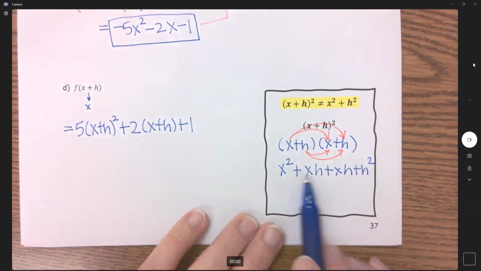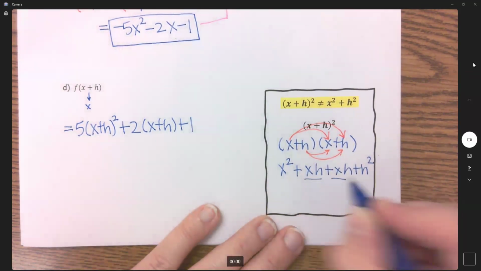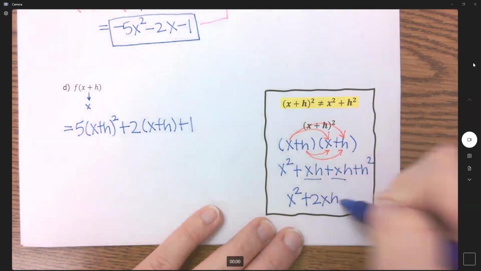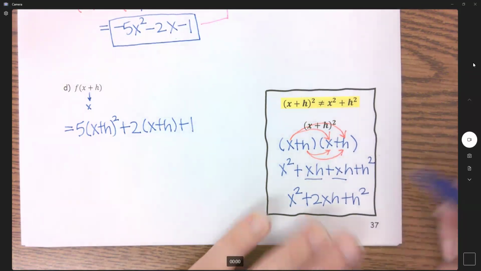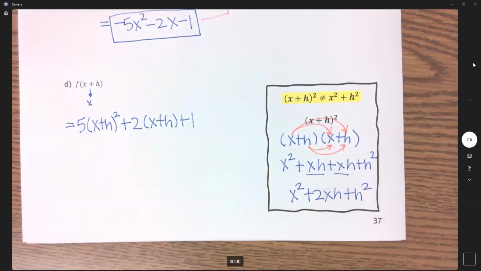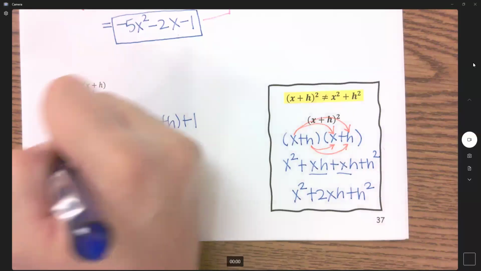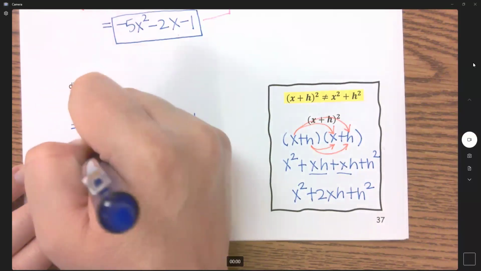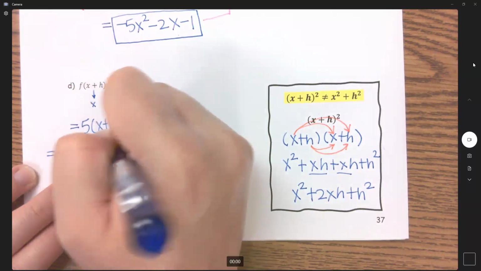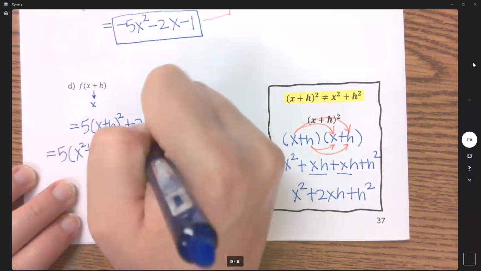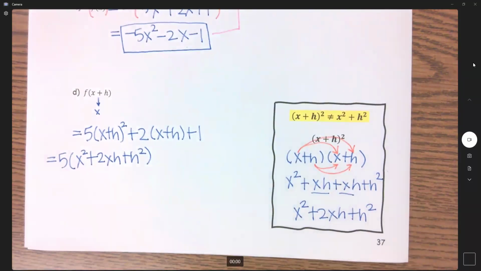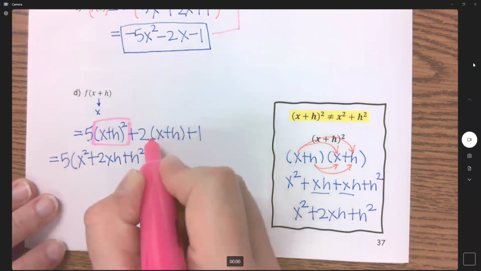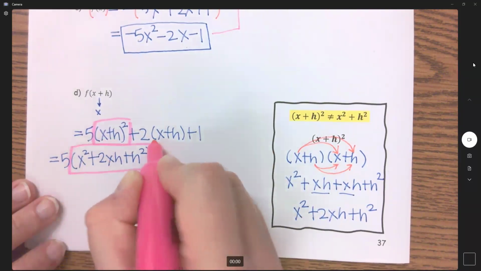So if I have one xh plus one xh, that is going to give me x squared plus 2xh plus h squared. So we have here 5 times (x squared plus 2xh plus h squared). This right here is now this right here.